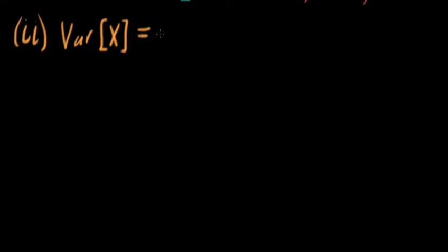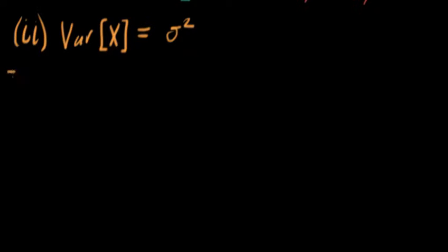So, next part of the proof asks us to demonstrate that the variance of our normal random variable x is equal to sigma squared.